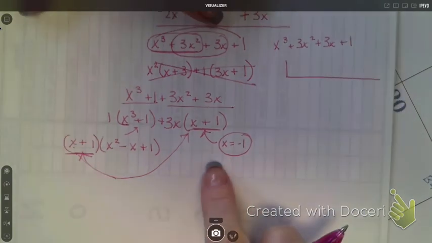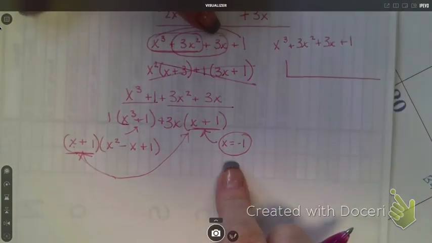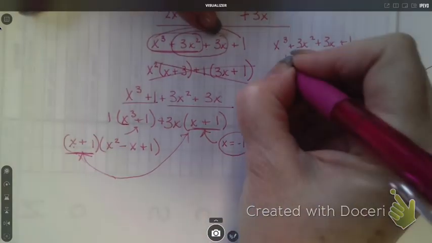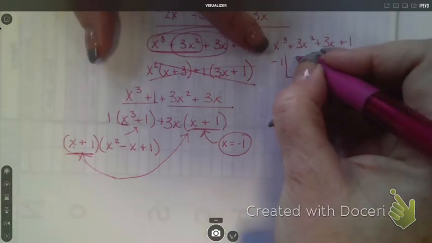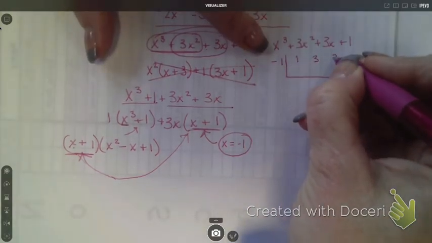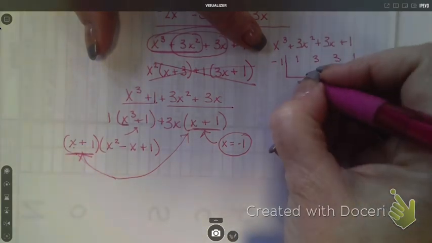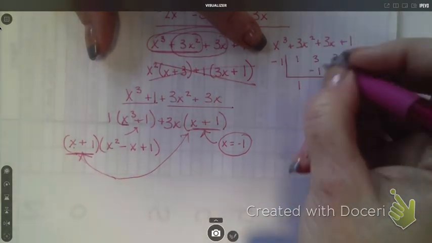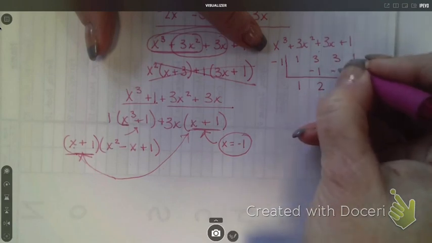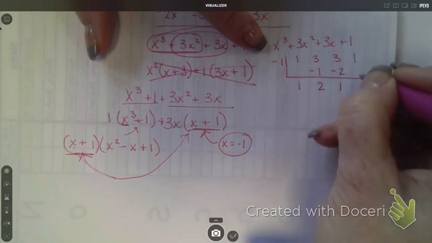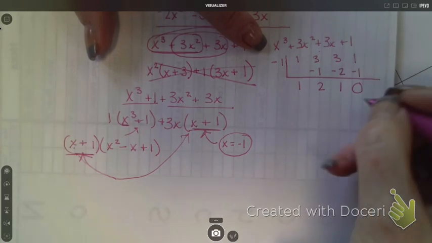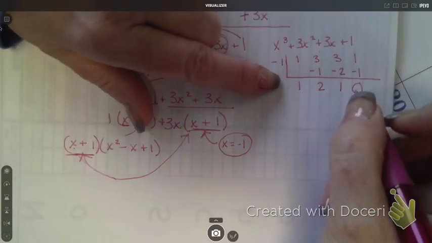What one do we know? Negative 1. So I get 1, 3, 3, 1. So 1, negative 1, 2, negative 2, 1, negative 1. And we knew it had to come out to be 0, right? Well, if we were right.